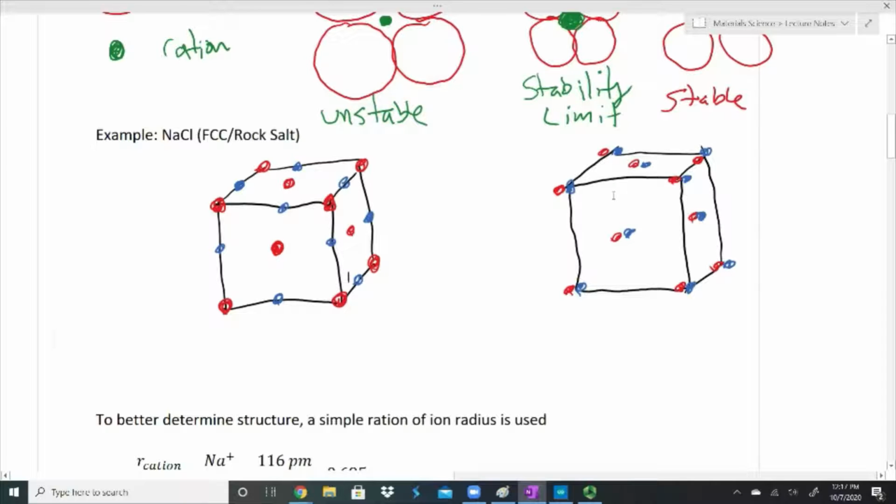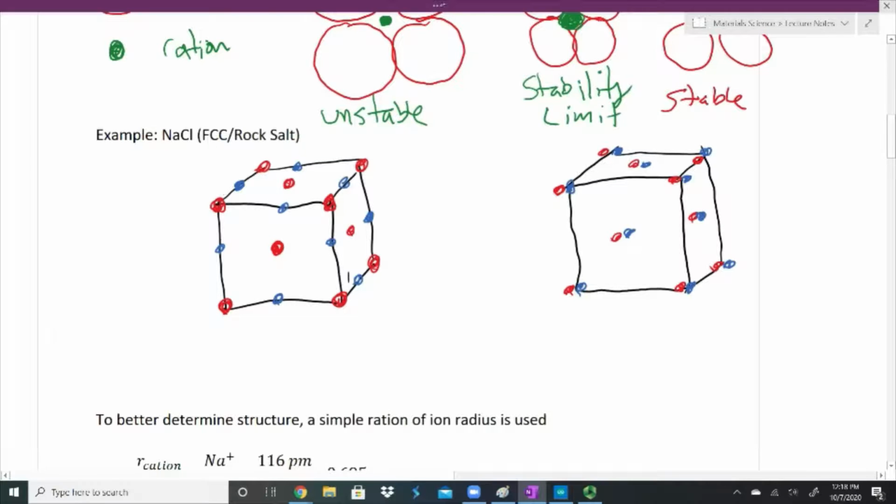So what actually is happening is a picture that is closer to what we have here. And in this picture, I have a positively charged ion on the corner, and its negatively charged ion, its pair, we've bumped over into the middle so that it's equidistant between these two positive charges.